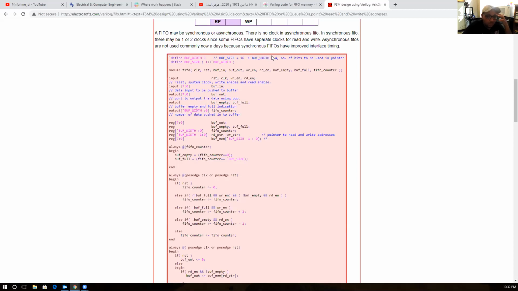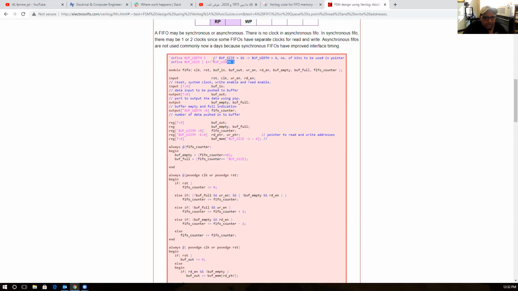So in that case, I'm going to take this one with the shifting operation we learned in the beginning of the Verilog to define the buffer size. These two steps made the buffer size equal 16 as a constant, not a parameter.